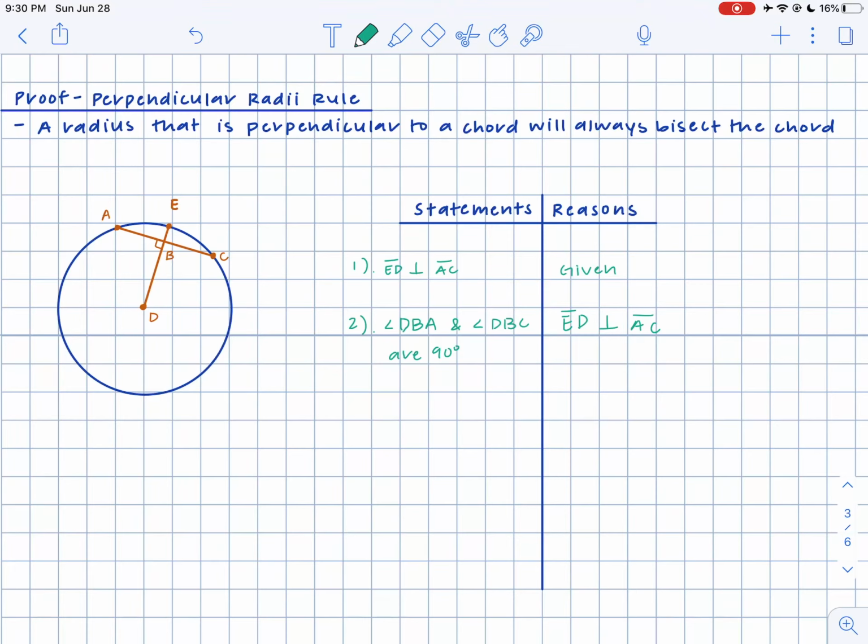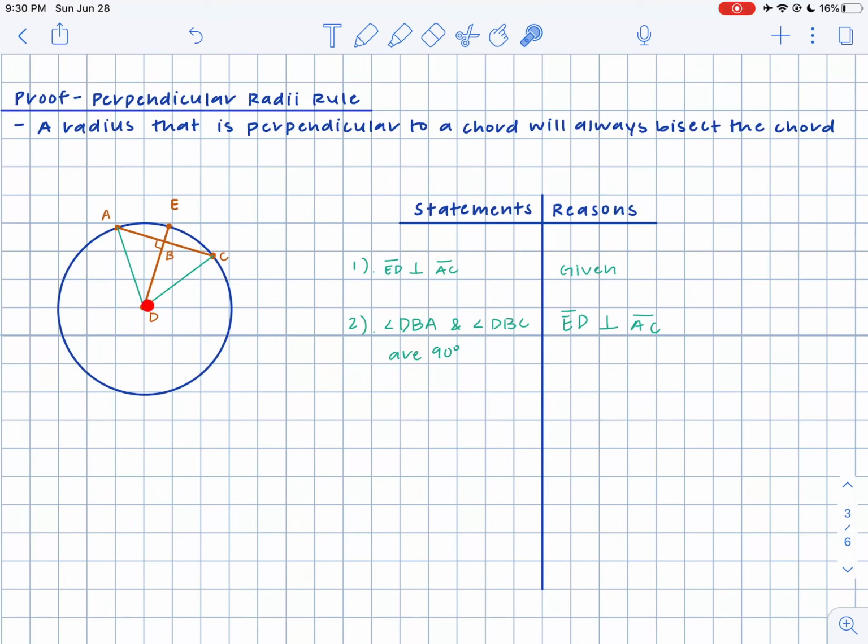Okay? Now, what do we also notice? Well, what if we drew two new radii? Okay, remember radii can be like this or this, as long as it's from the center to any point on the circle. So what if we drew radii to connect these points?